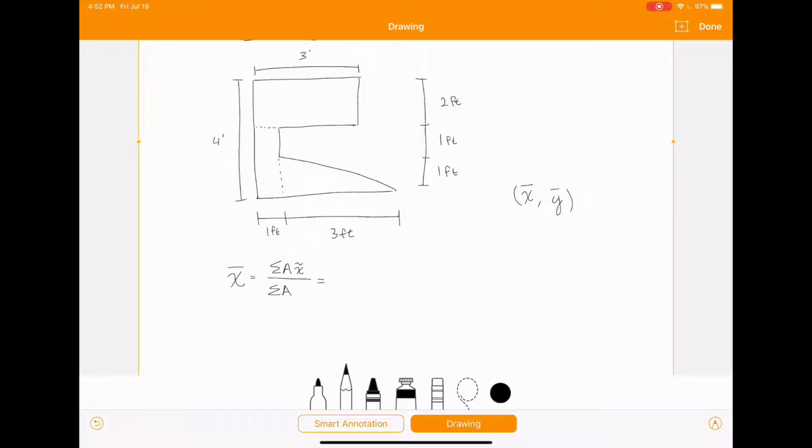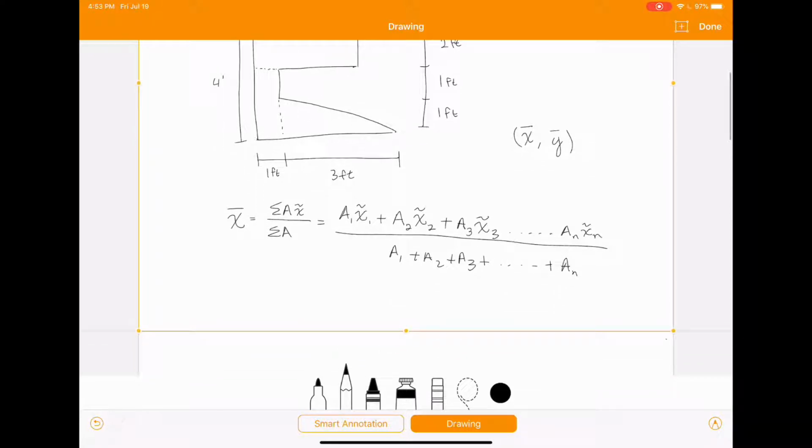So, like I said, this is going to be area of shape 1 times the individual X bar of shape 1 plus area of shape 2 times the X bar of shape 2 plus area of shape 3 times the X bar of shape 3, until you reach however many shapes that you have, all divided by the sum of the areas, A1 plus A2 plus A3 plus AN, again for the total number of shapes that you have.